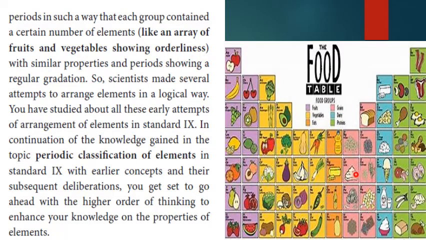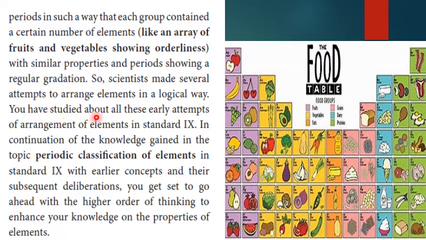See this table: columns with similar properties and periods showing a regular gradation. So scientists made several attempts to arrange elements in a logical way.